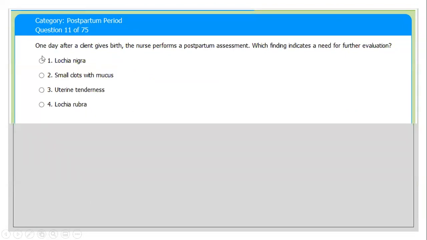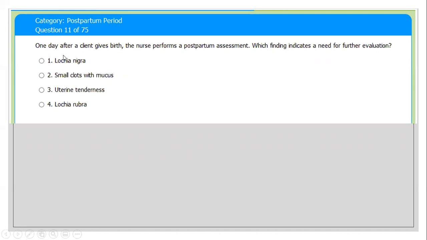Next question. One day after a client gives birth, the nurse performs a postpartum assessment. Which findings indicate need for further evaluation? Your patient is a postpartum after a day.